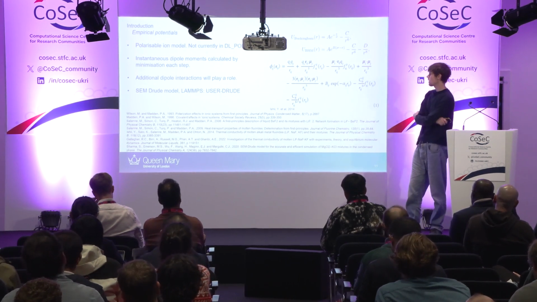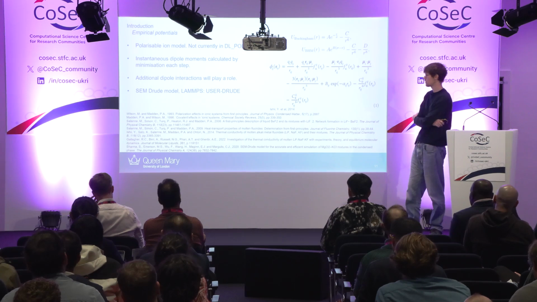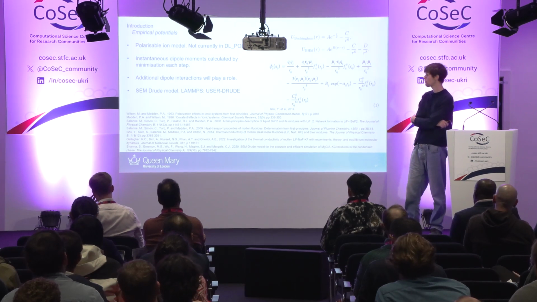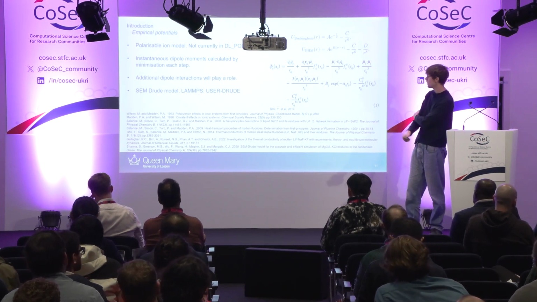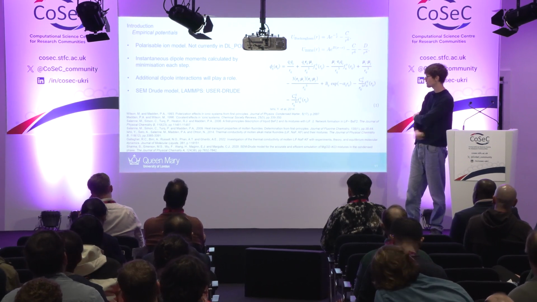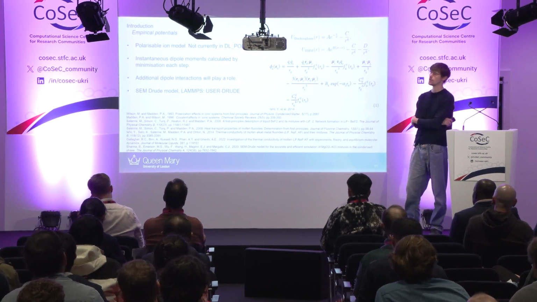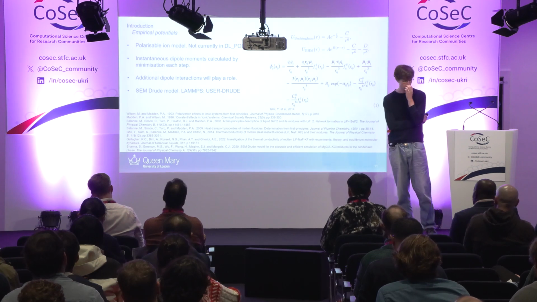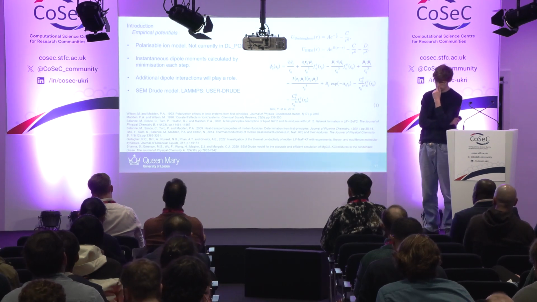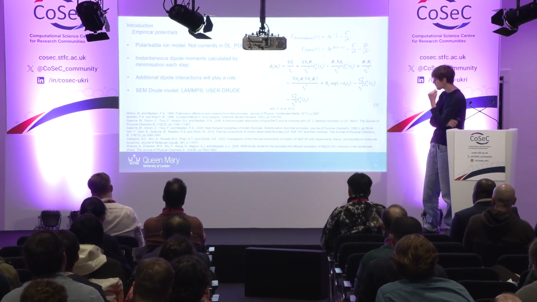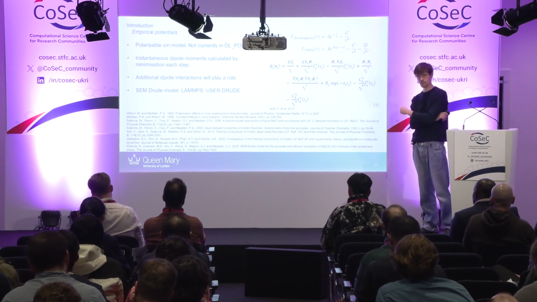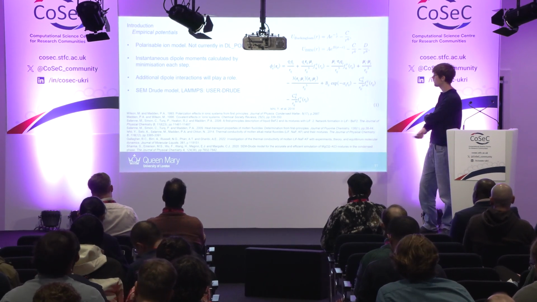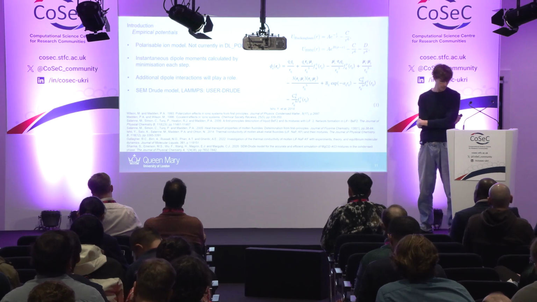We don't have an implementation of this, so I'm not going to show any results on that. Another kind of polarizable model is the SEM-Drude model, which I believe is implemented in LAMMPS as well. We would like to do the same calculations with these models, but I do not have them at the moment.